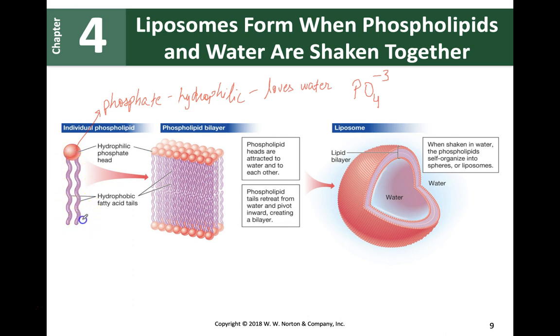So two fatty acids make up the tail, and this on top is the head, which is a phosphate group. This part is hydrophilic. This part, on the other hand, is hydrophobic. Phobia means they're scared of water, so this does not love water and never wants to stay next to water.